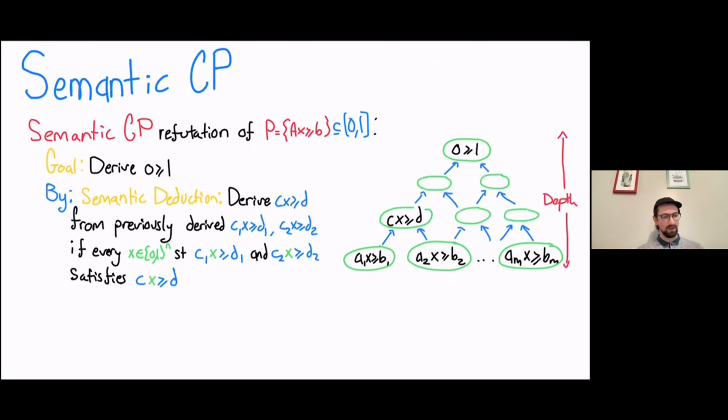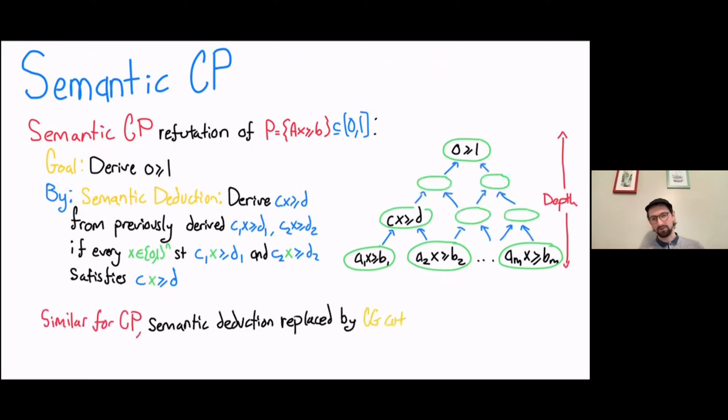And the depth of the proof is just the length of the longest root to leaf path in the DAG here. Similarly, I haven't defined cutting planes depth yet, but for cutting planes, you can just replace this DAG with deductions using the CG cut rule instead of the semantic deduction rule, and then the depth becomes the depth of the DAG.